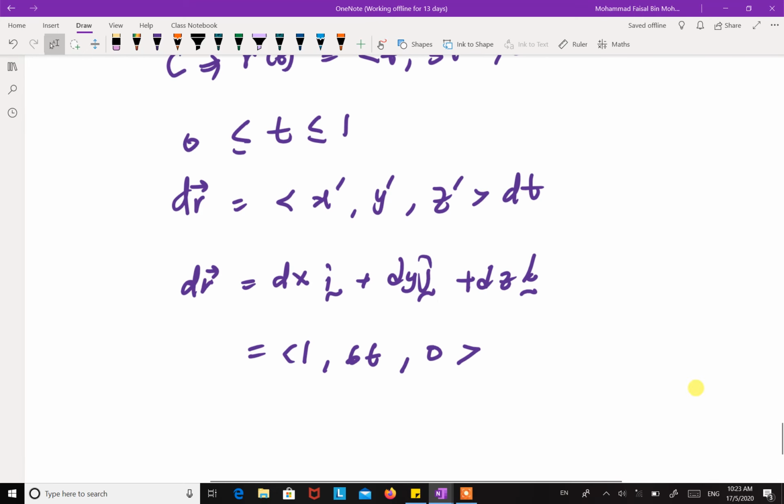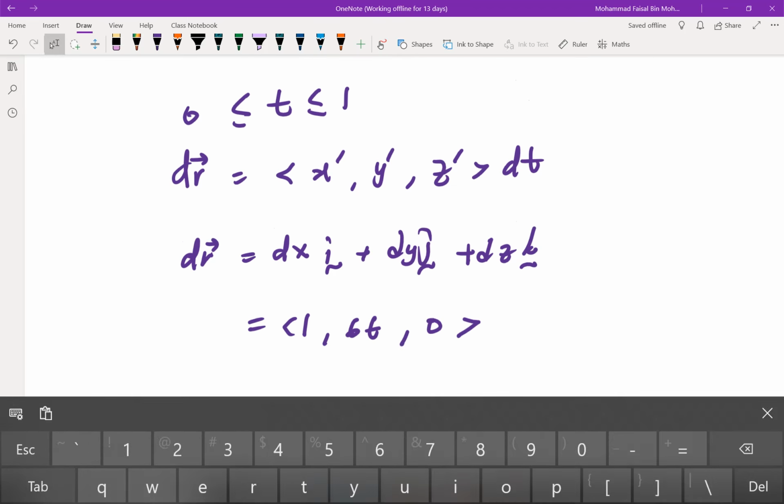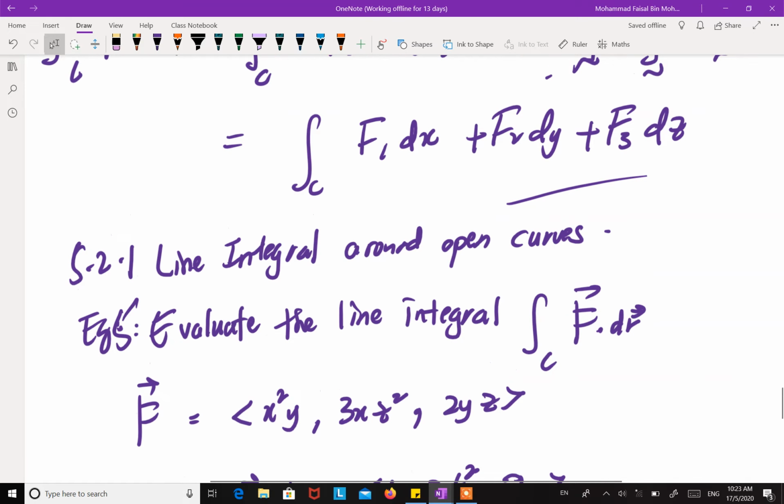Then you can substitute into the formula.